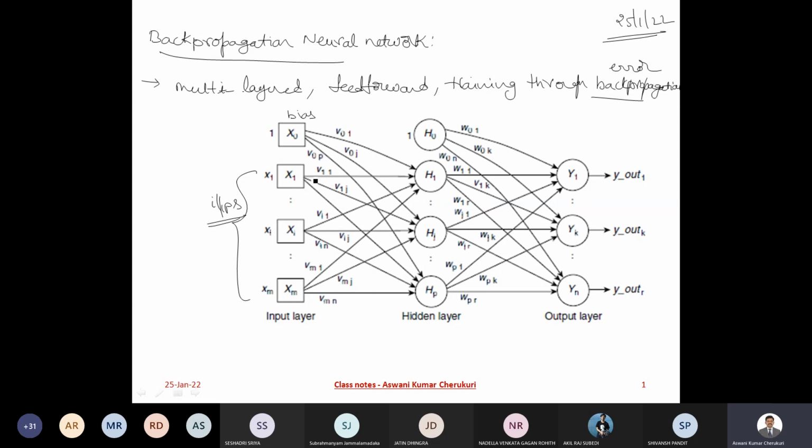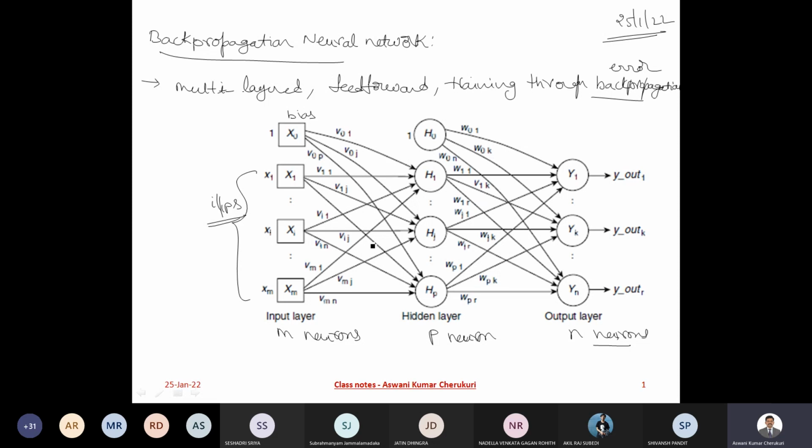In this case, X1 is connected to H1 and all the P nodes in the hidden layer. So there are M neurons in the input layer, P neurons in the hidden layer, and N neurons in the output layer. Okay, and in this case, all are connected.